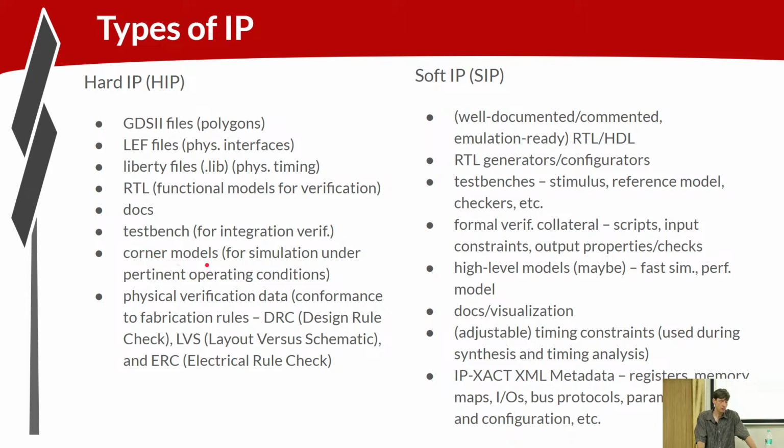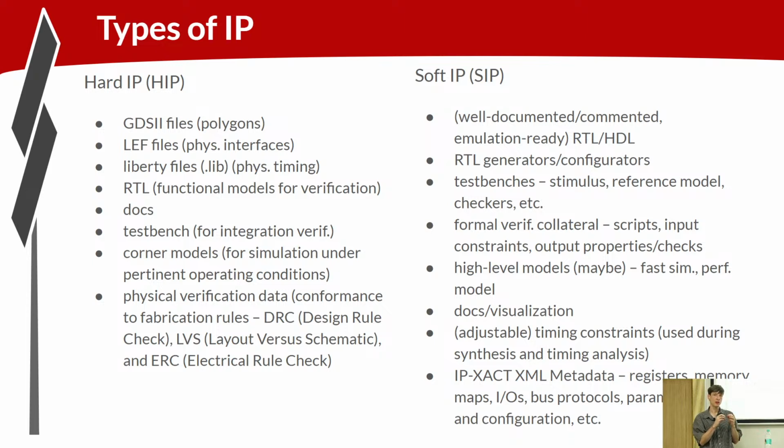Corner models would be, and I don't know exactly what form this takes, but process corners relate to when you're physically fabricating your silicon. Some silicon is going to come out with certain characteristics, and sometimes it will come out with other characteristics.